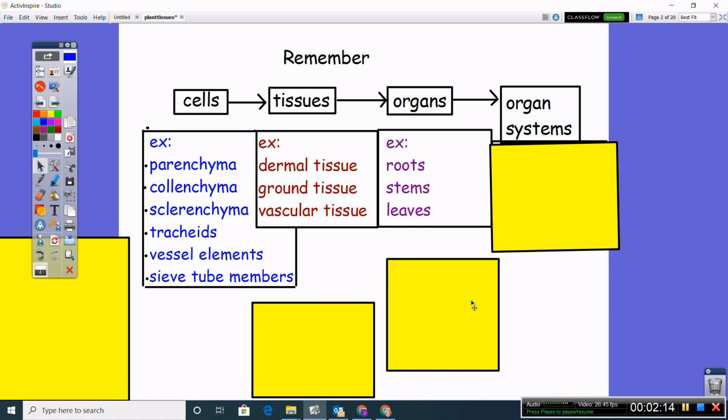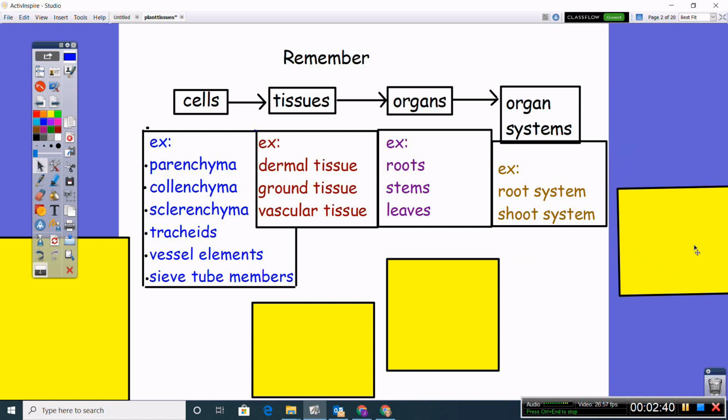Okay, your three major plant organs are roots, stems, and leaves. So tomorrow, I believe we talk about some modified roots. This will be Thursday's lecture, so I guess early next week, we'll talk about modified stems and leaves.